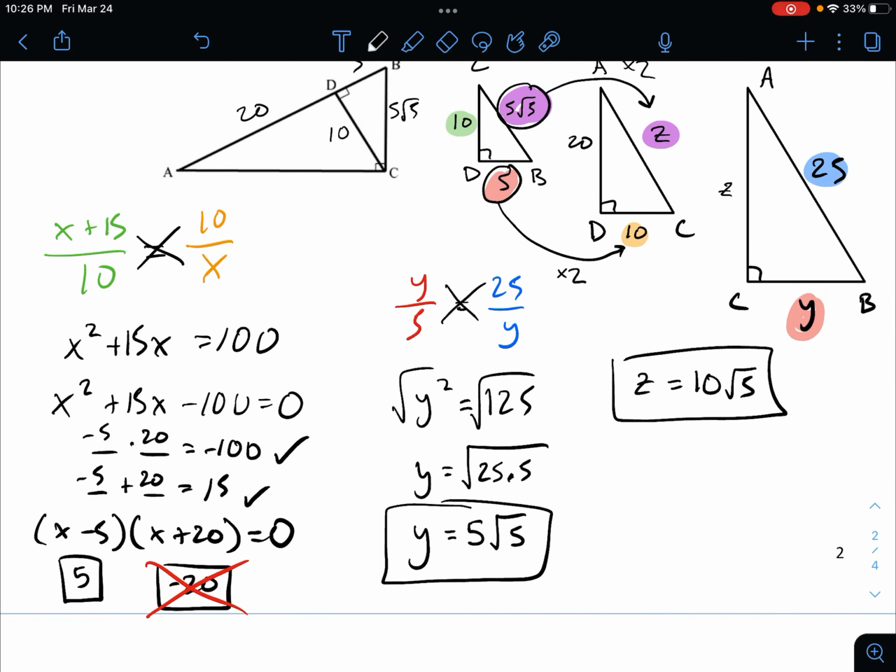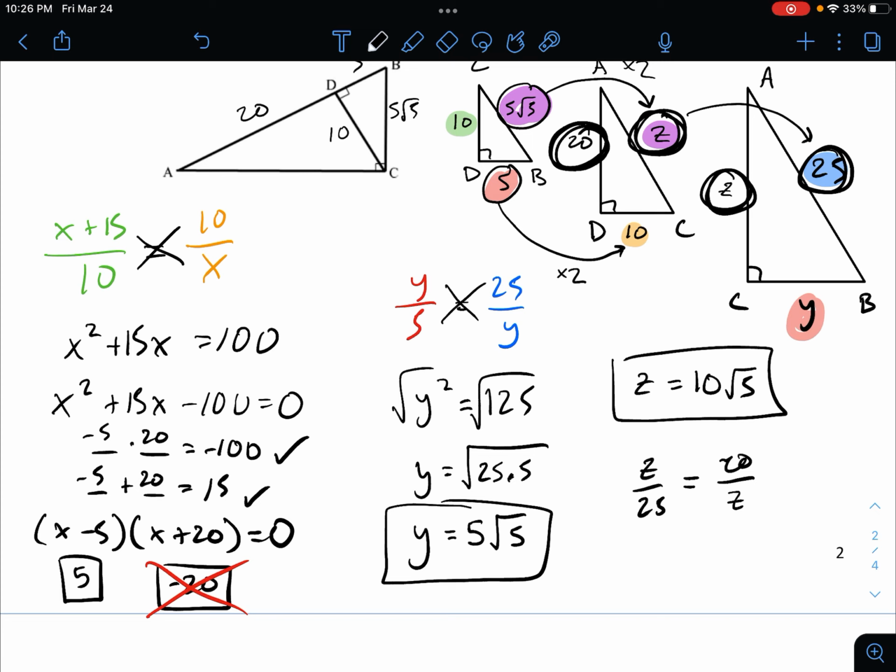So I'm going to look at z over 25. That has to equal 20 over z. I'm comparing the hypotenuses in the same order as I'm comparing the medium sides.